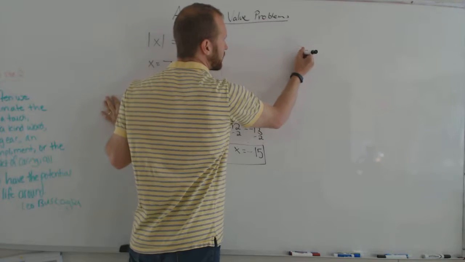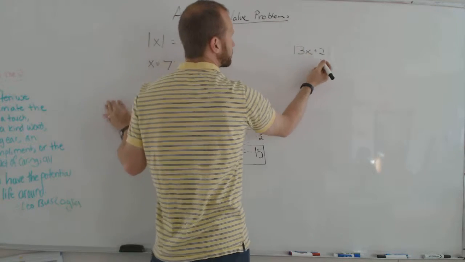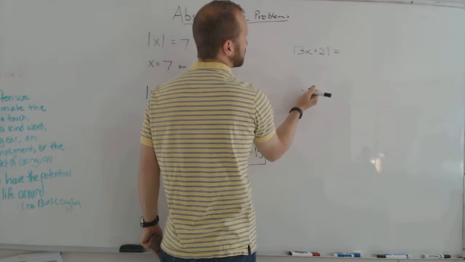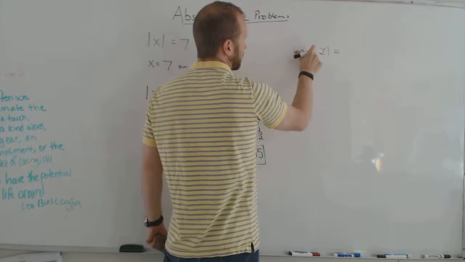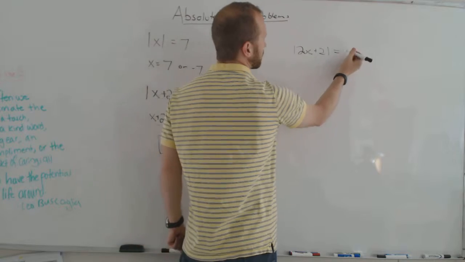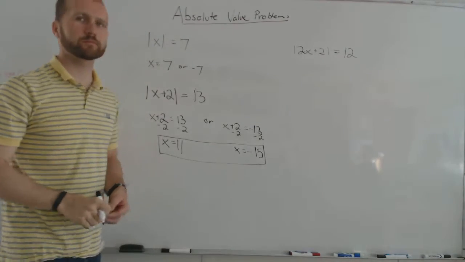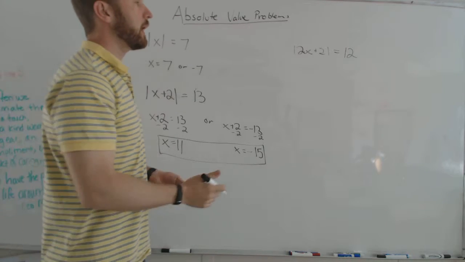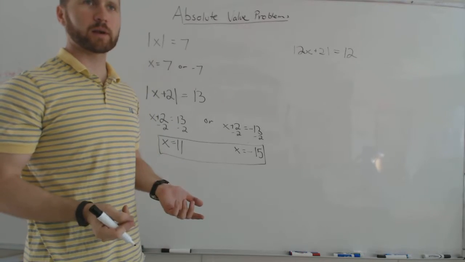What if I had 2x plus 2 inside my absolute value equals 12? So the absolute value of 2x plus 2 equals 12. What is my first step going to be?